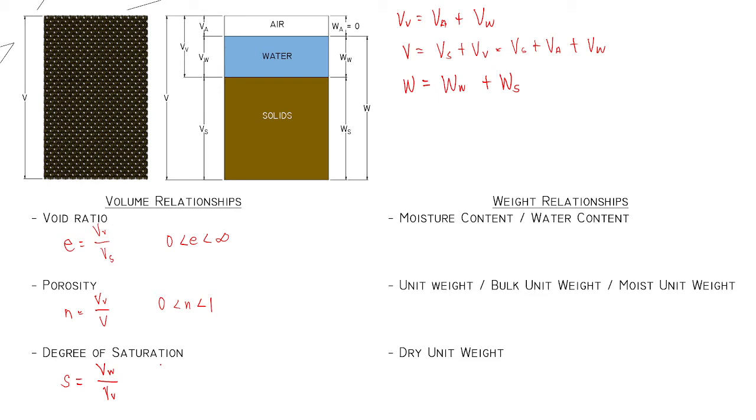The degree of saturation is equal to 0 if completely dry, and S is equal to 1, or 100% if in percent, if the soil is fully saturated.